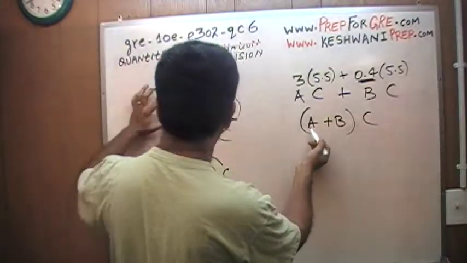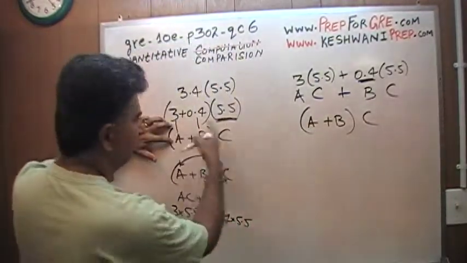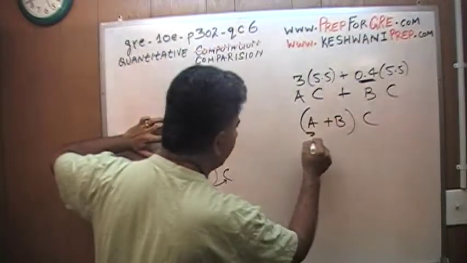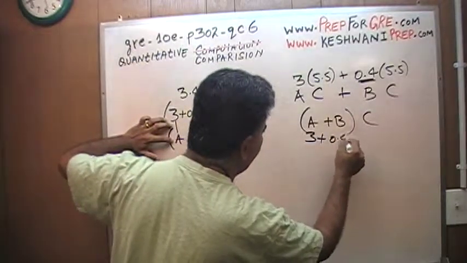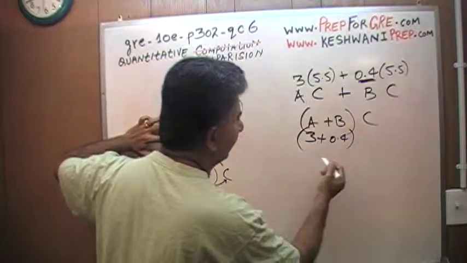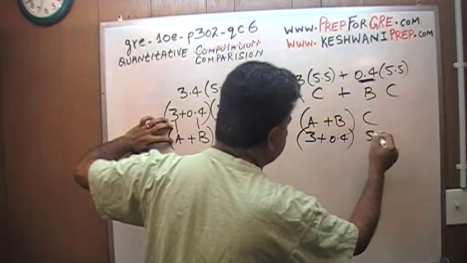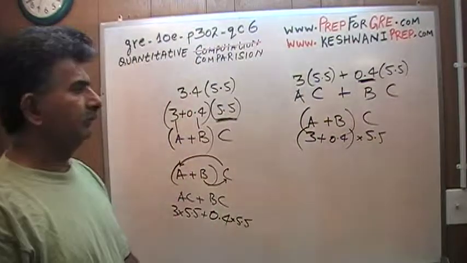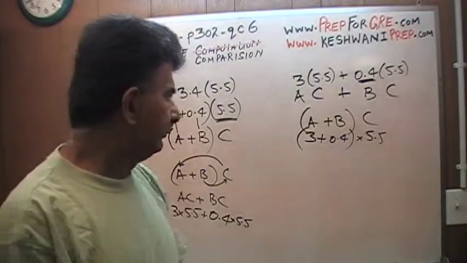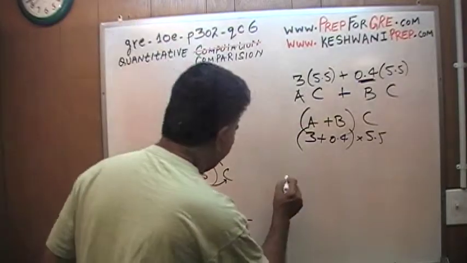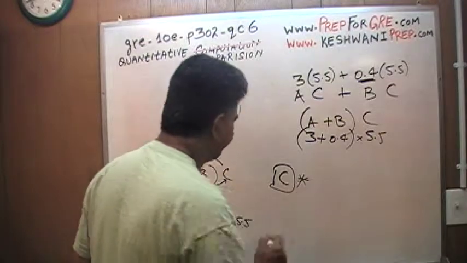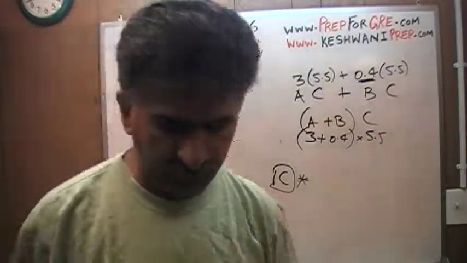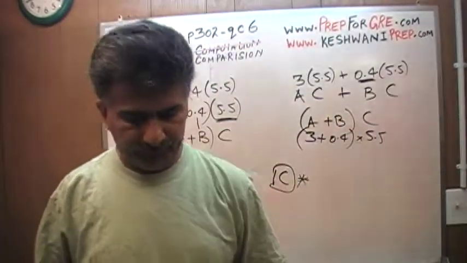Again, compare the two, this and this. Your A is 3 and your B is 0.4 times 5.5. That's all. They're equal. They're all equal. The answer is C. The quantities are equal. You don't actually have to do it out.